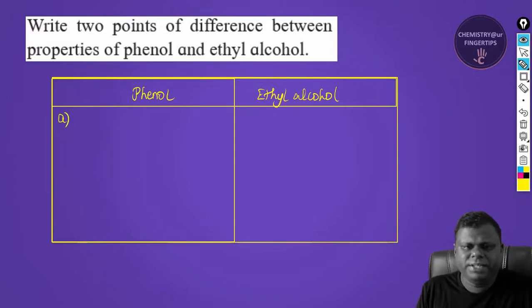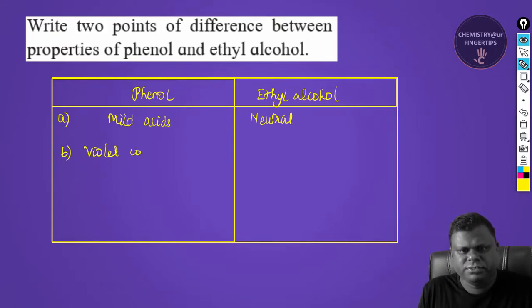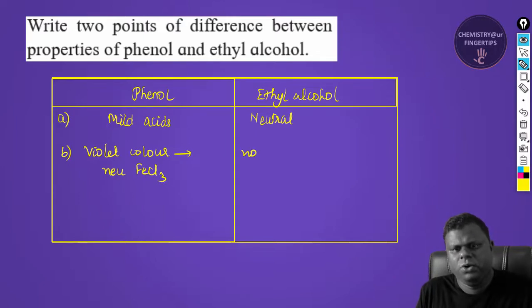Phenols are basically mild acids, whereas alcohols are neutral. Next, phenols give violet coloration with neutral FeCl3, and here basically no color with neutral FeCl3.